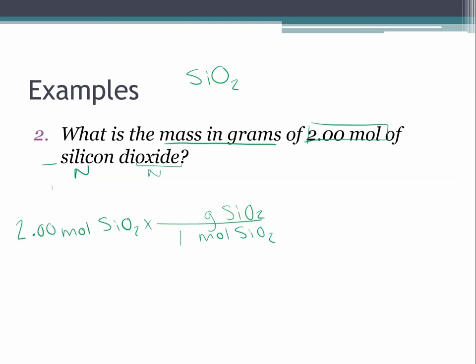To find the number of grams, we'll need to do a little bit of work, right? We'll take the mass of 1 silicon, which is 28.09, and we will add 2 oxygens, and those are each 16.00.